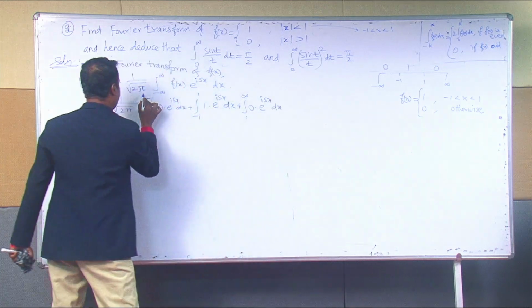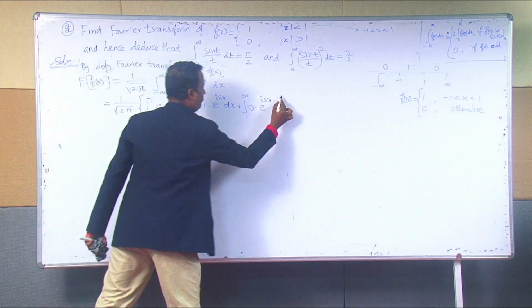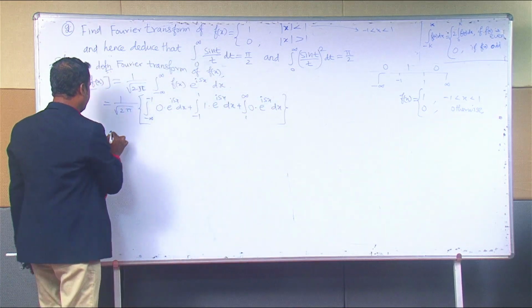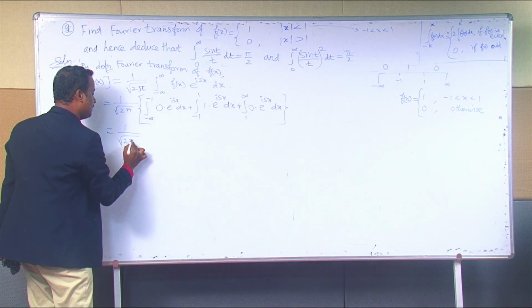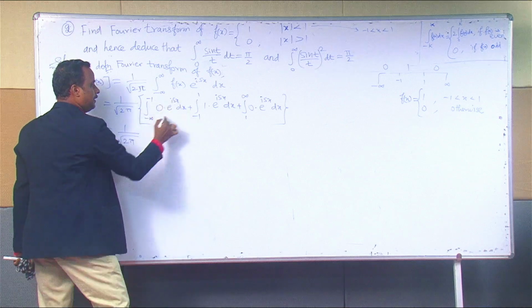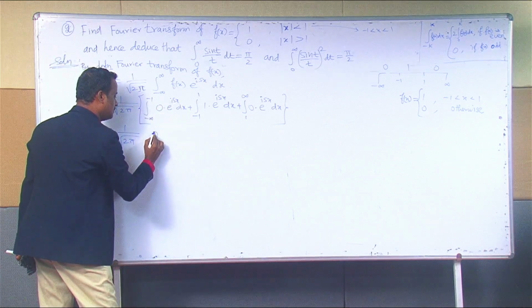So we can write it as 1 by root of 2 pi, and the first integral value is 0, because 0 into anything is 0.